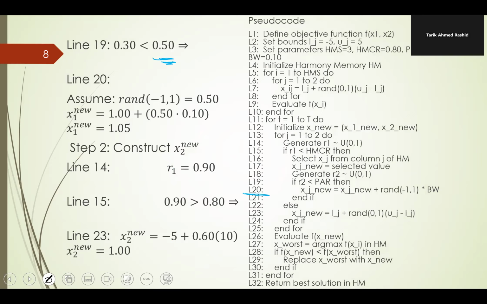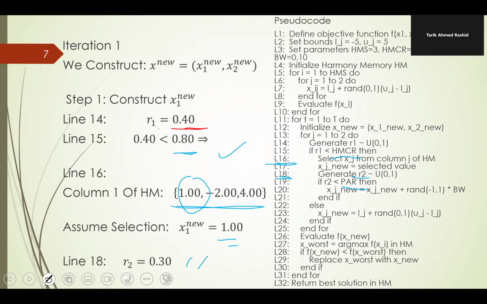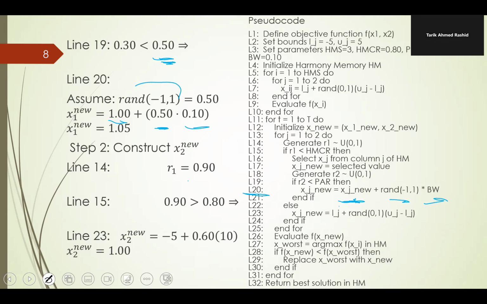In line 20, we update to get a new solution: the value taken from column 1, which is 1, plus the bandwidth 0.1 multiplied by the random number 0.5 that we tossed. Now we get x1 new as 1.05.